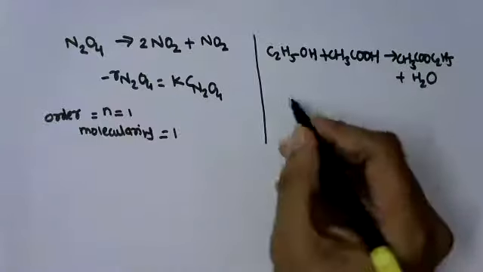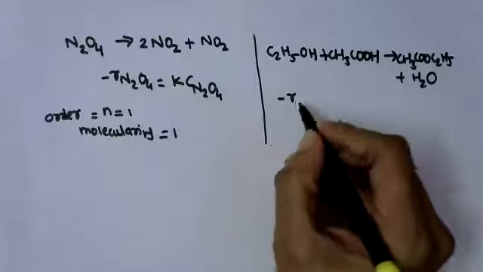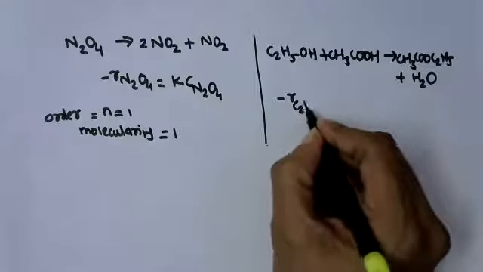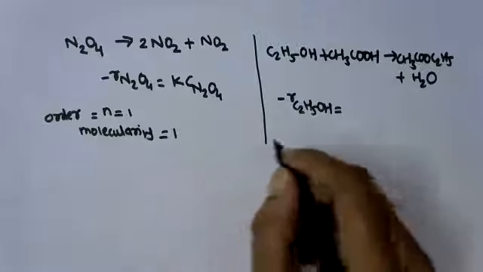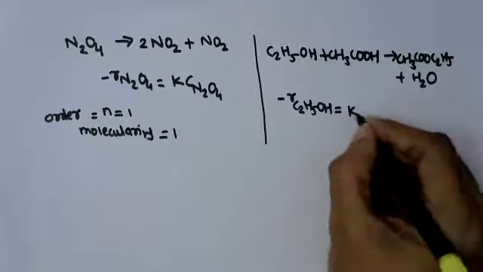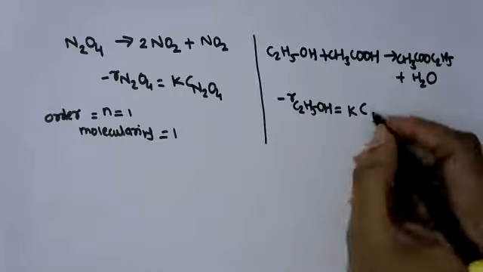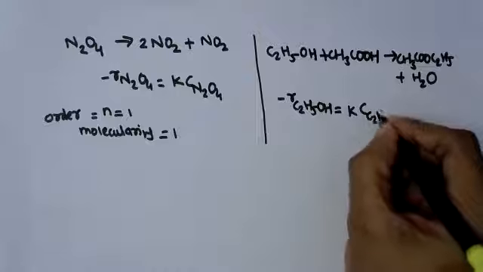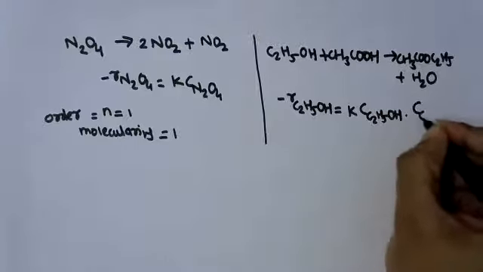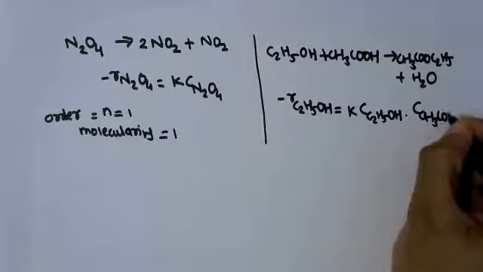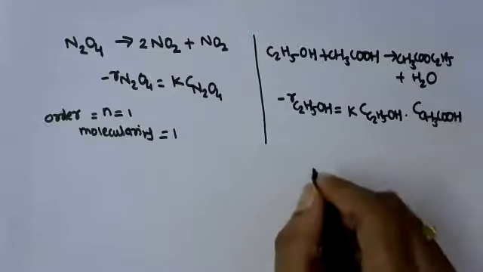Now in this case, the rate expression can be written as k times the concentration of C2H5OH into the concentration of CH3COOH.